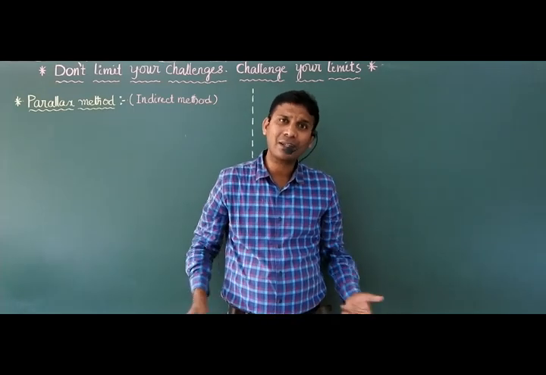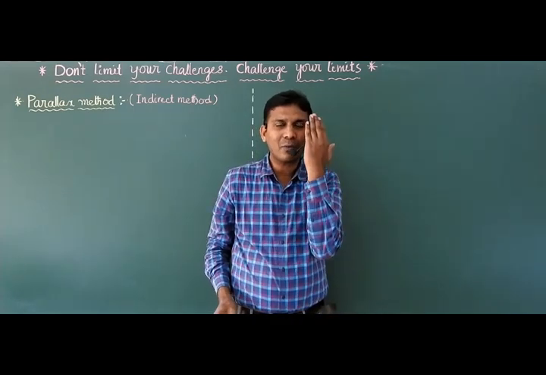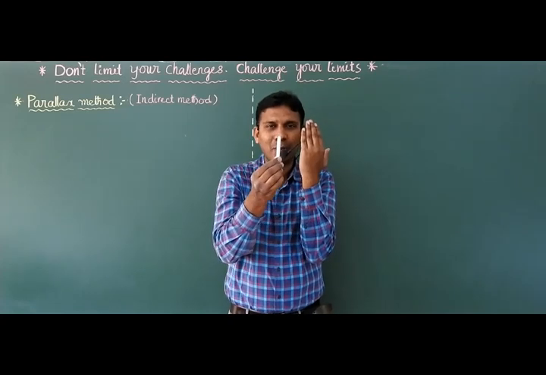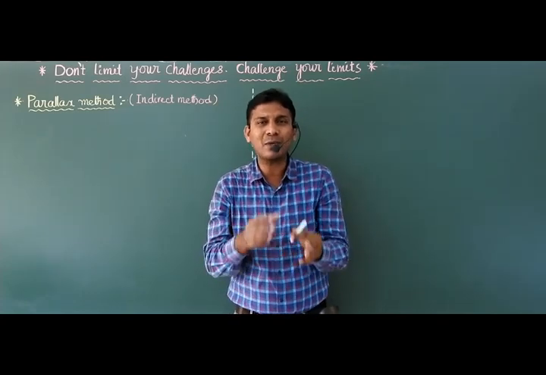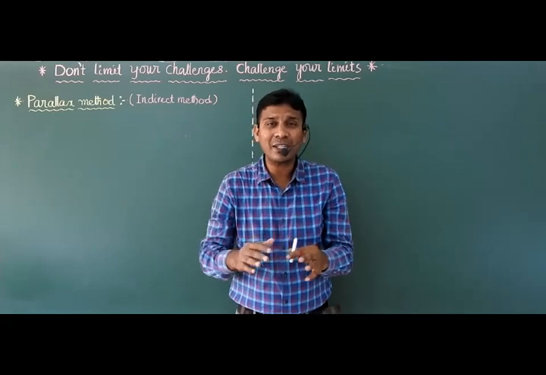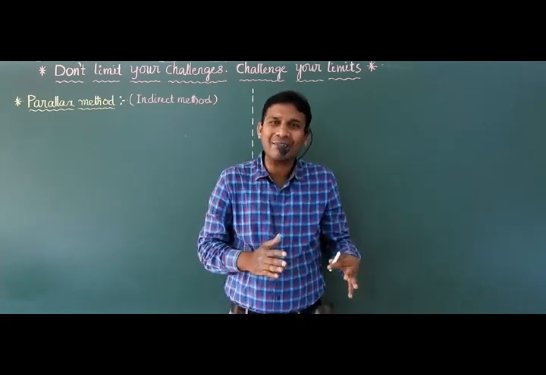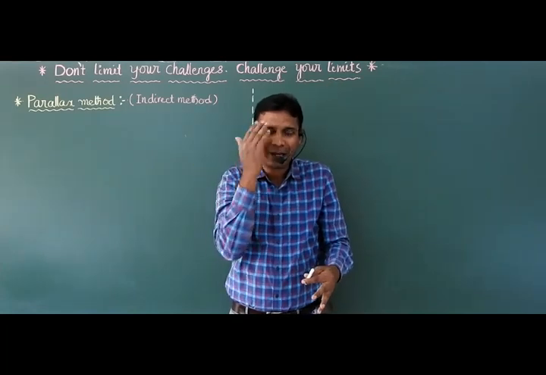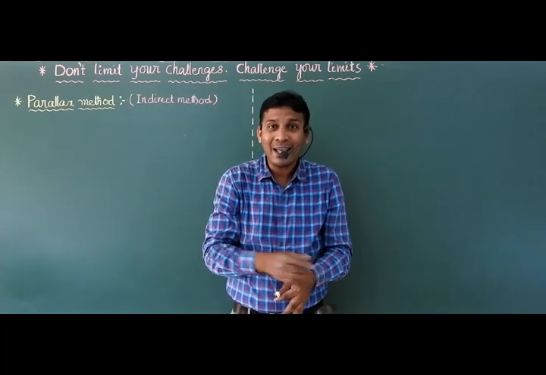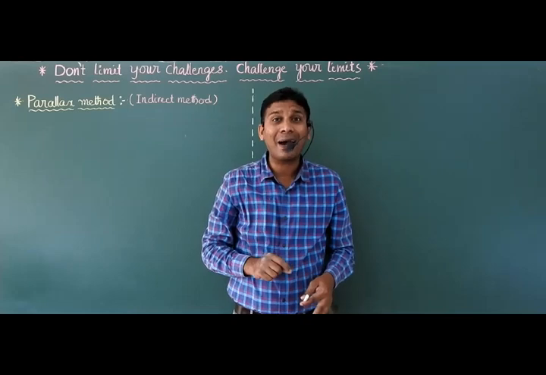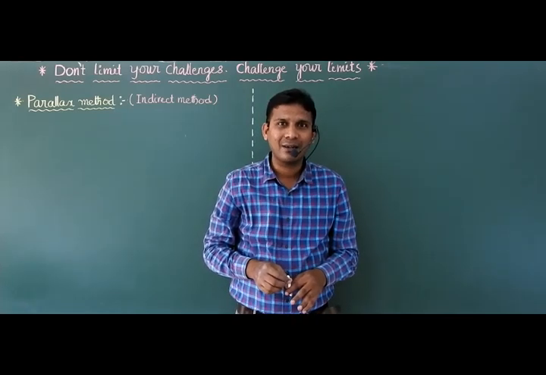Apparent means not real. So by closing one of your eyes and observing the object with respect to the background, the object position appears to be changing. Such a method is known as the parallax method.